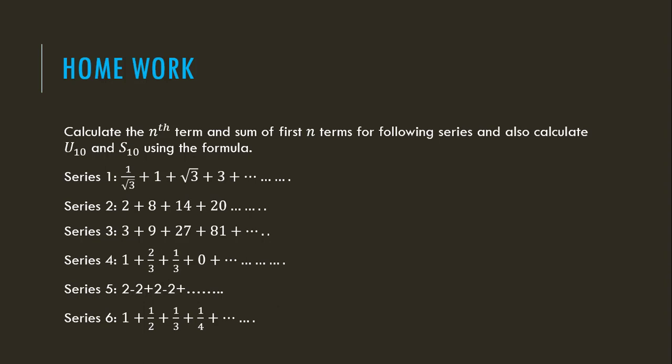I will not read them out. Please write them down in your text. You may find some problems in solving this homework. If you cannot solve some series, then find out why this series is not solvable by using the formula you have got in this class.